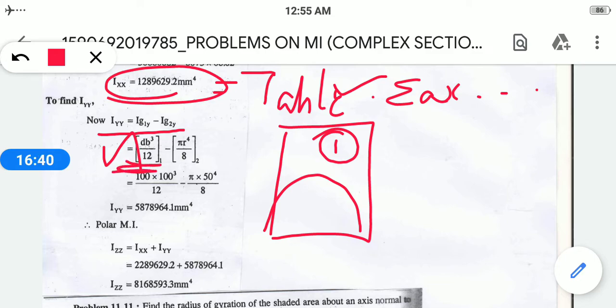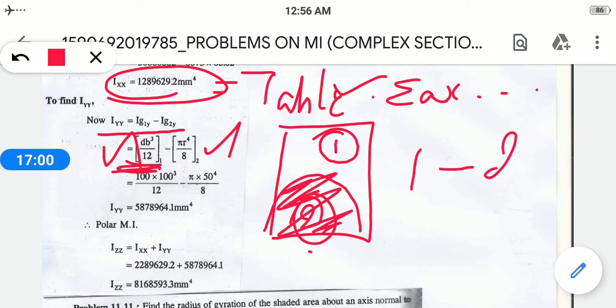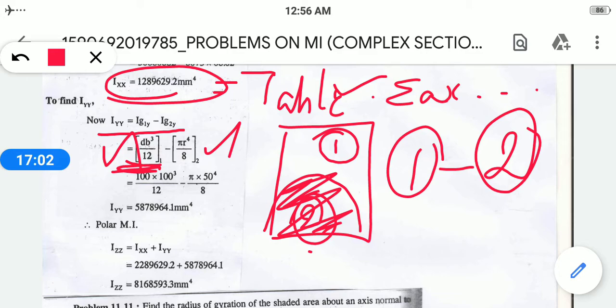This formula is already given in your table, so you can adopt that value, db cube divided by 12. For the semicircle, the formula is pi r power 4 divided by 8. Since we are going to deduct this portion, we are subtracting the second component from the first component.